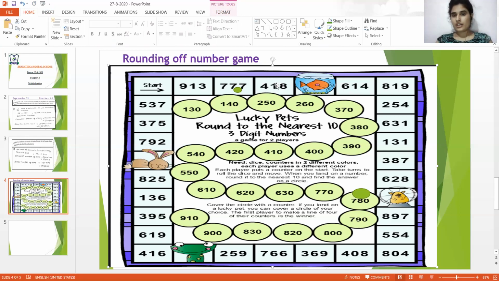Now, the next player will throw the dice. Suppose 418 comes, so that player has to round off 418, and he needs to see whether 420 lies in the circles or not. Yes, here we have 420, so he needs to put his counter over here. If you fall on this pad, this pad, this pad, or this pad, you can cover any circle you want.